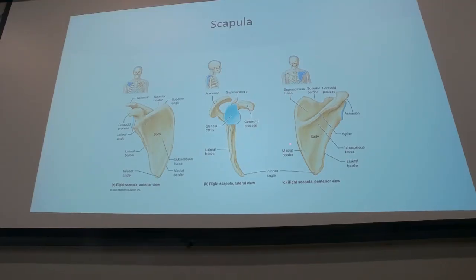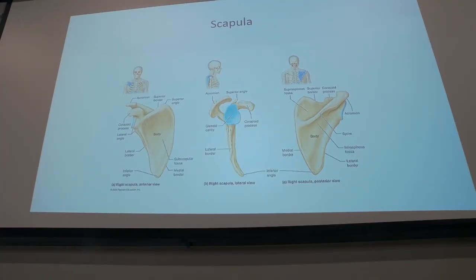And the infraspinatus muscle fits into here. And it's not labeled in here, but in this part, we have this notch that is called the suprascapular notch. Through this suprascapular notch, we have nerves, arteries, and veins that run through.